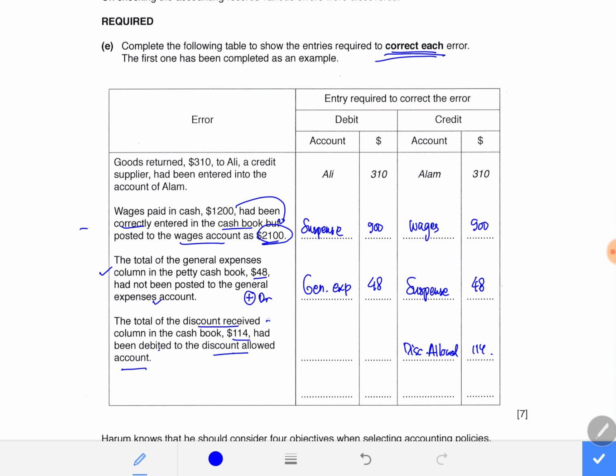And then since discount received is income and income increases in credit, you have to add it now. Discount received is 114. Since no mistakes happened in other accounts, only these two, again you have to put suspense of 228. That's it.